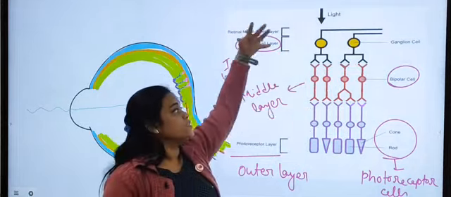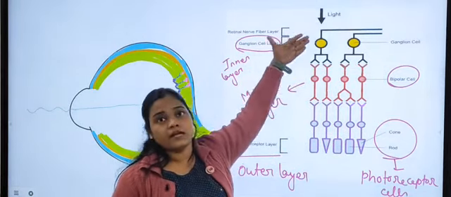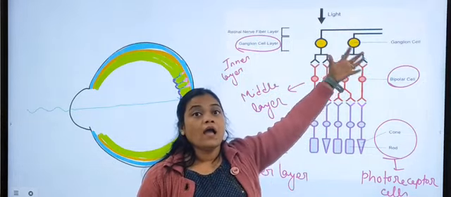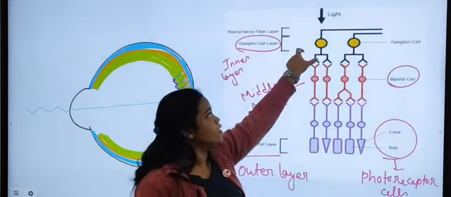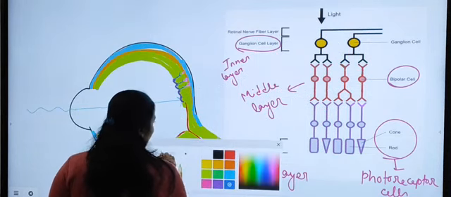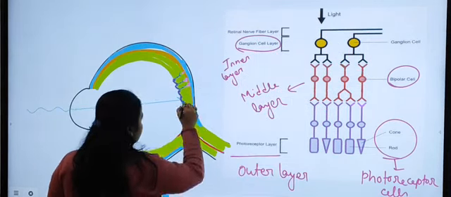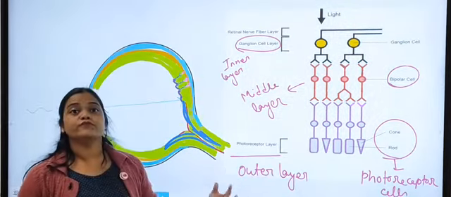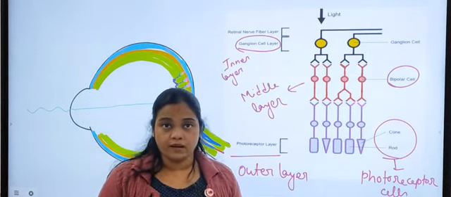Now, this will generate another action potential in the ganglionic cell of the retina. And finally, that impulse goes through the optic nerve to the visual cortex of the brain.